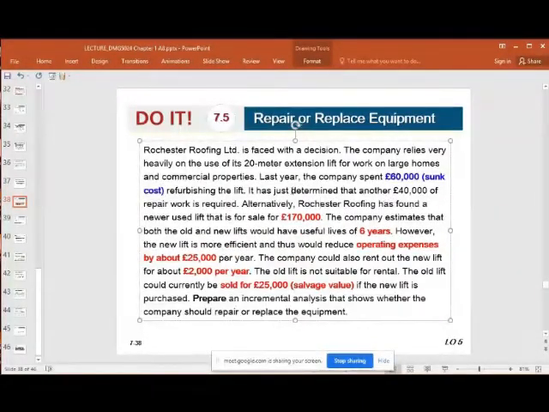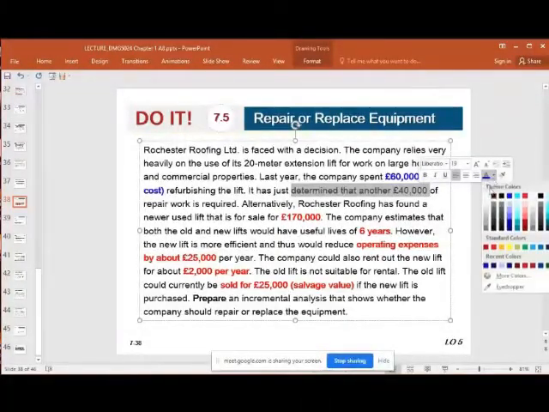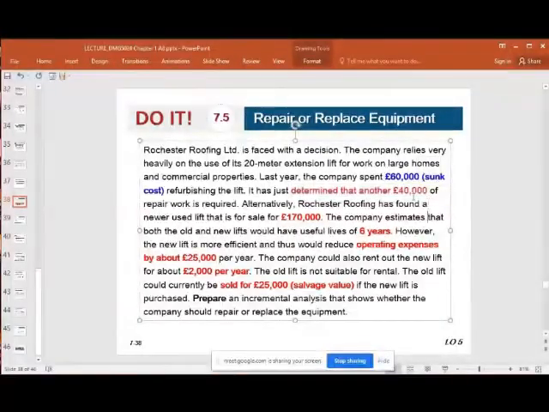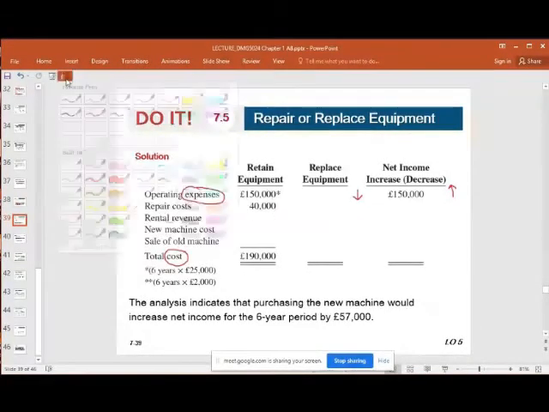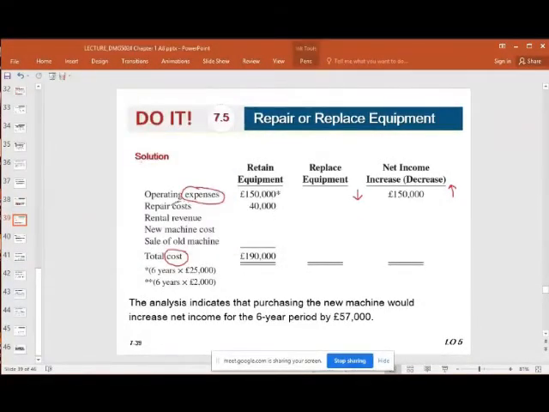But now they determine that they need another 40,000. This one you need to put in because it is going to affect your decision. Now you need to spend another 40,000 repair cost. If you keep your old machine, you need to pay 40,000.